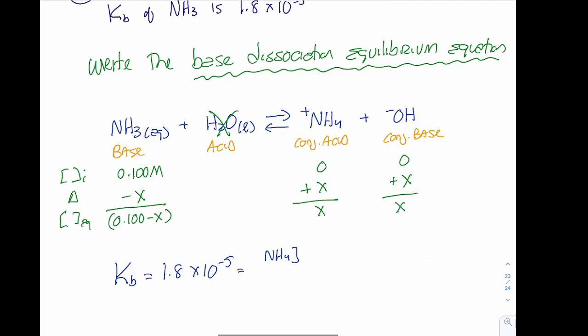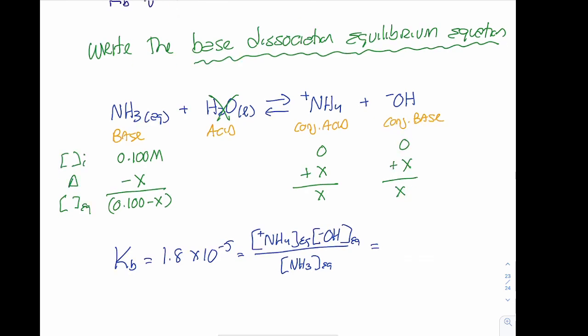That's supposed to be a plus sign, it just got really messy. Over the concentration of ammonia. And again, we're leaving water out. It's a pure liquid. It's not part of my expression. So plugging those in, I have x times x, or x squared, over 0.100 minus x.